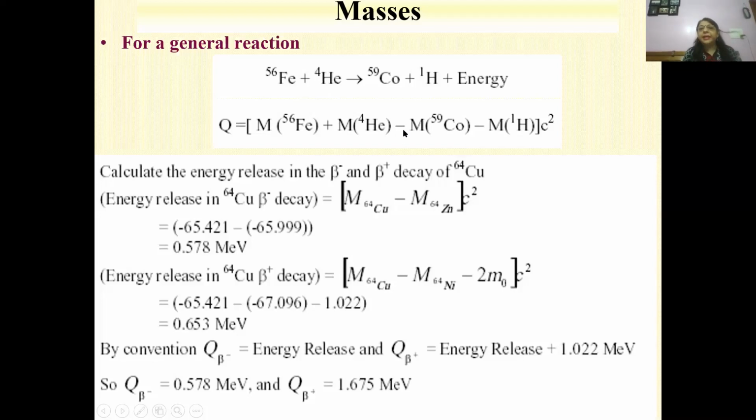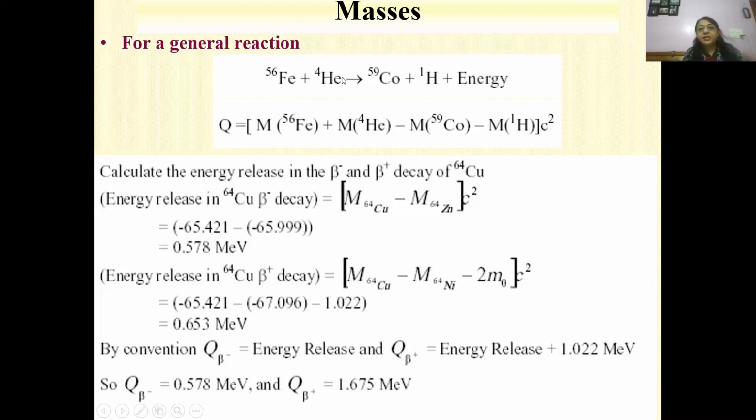If you remove the bracket, then you have minus M of 59 Co minus mass of 1H. So these two minus signs are coming because these two quantities together, their masses must be subtracted from the iron and alpha particle masses. And then this whole reduced mass must be multiplied by c squared in order to calculate the Q value of the reaction.